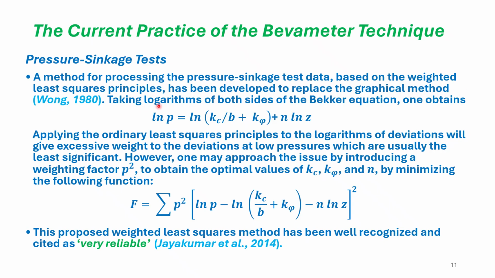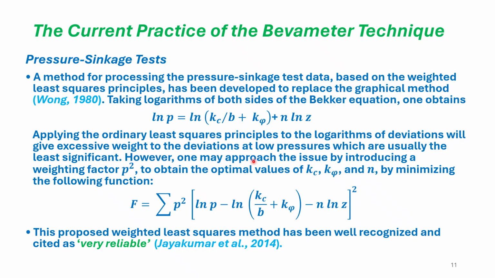Taking logarithms of both sides of the Bekker equation, one obtains this expression. Applying the ordinary least squares principles to the logarithms or deviations will give excessive weight to the deviations at low pressures, which are usually the least significant.